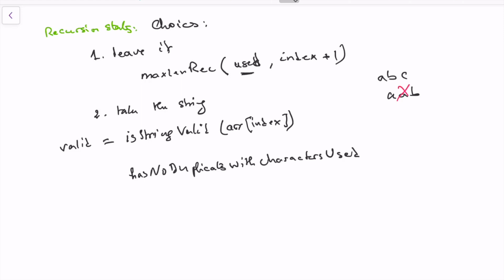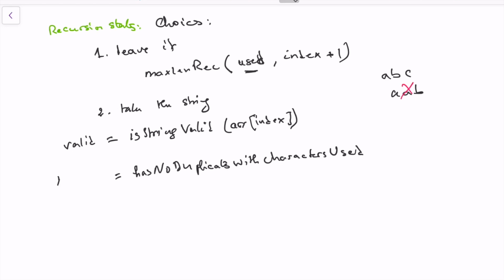Let's call this one valid with used. This needs to be called with used and the string. Then we can check if both are valid.